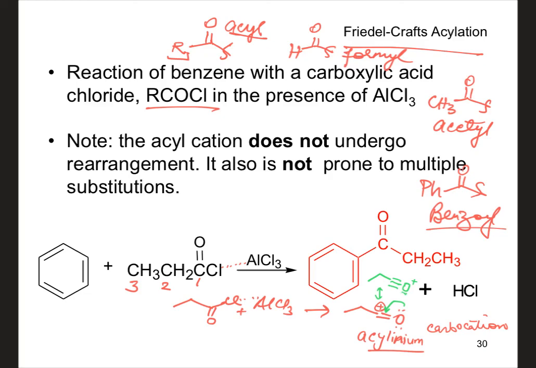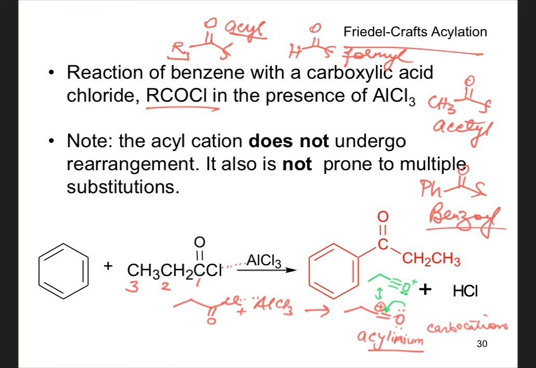It's still there, you can't negate that either. There is a major and a minor, but that resonance is stabilizing this. So basically the carbocation that you are generating is going to be a stable one, so it doesn't have to rearrange, and that's a good thing. So no rearrangement, we got rid of that, okay?